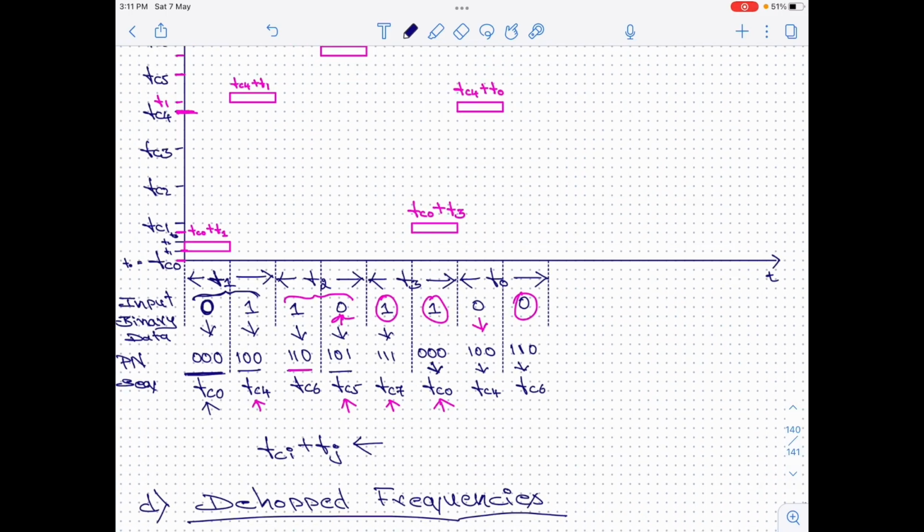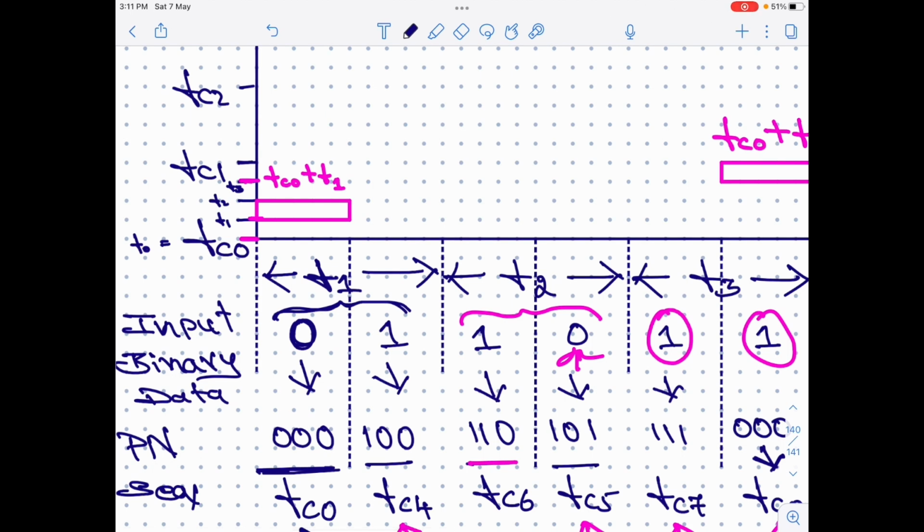For example, if you look at the very first bit interval, the transmitted carrier frequency is FC0 plus F1. If you eliminate FC0 part here, then it becomes the de-hopped frequency. So, the de-hopped frequency for the first bit interval is F1.